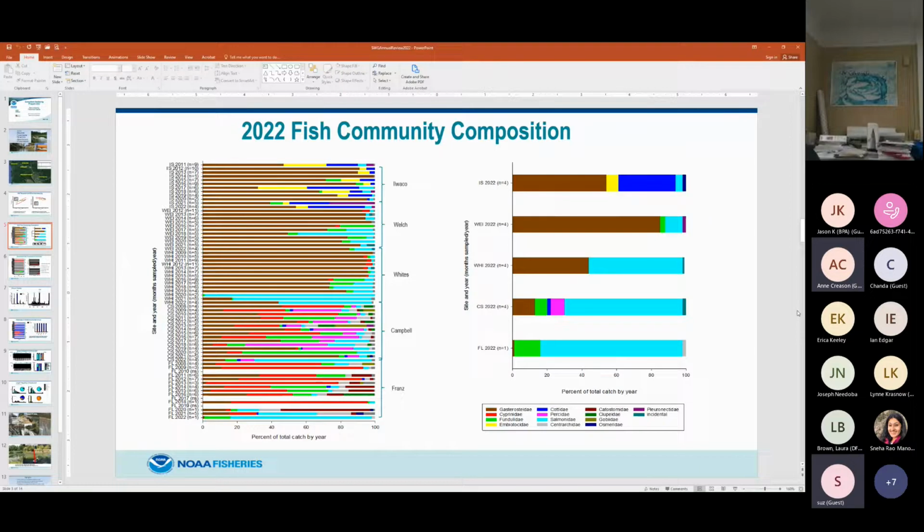And Franz Lake, we don't get to sample that as much as we'd like. Some of the gaps where you don't see a sample year are generally because of flow issues. I'll point this out now because you'll see this throughout the presentation.